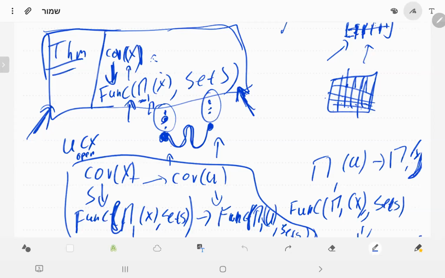I start with a point here, and I say let's lift this path to a path upstairs that will pass through this point. By the homotopy lifting theorem, there exists a unique way to do it. And the end point of this path will be just the point where I map this first point.